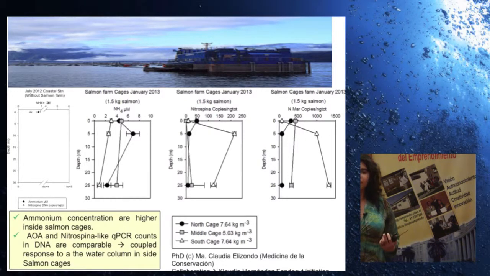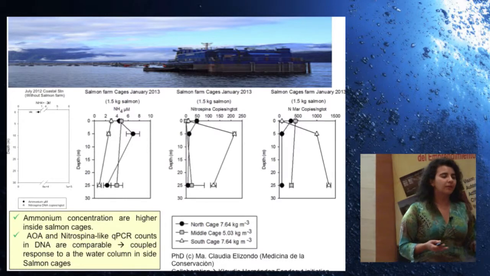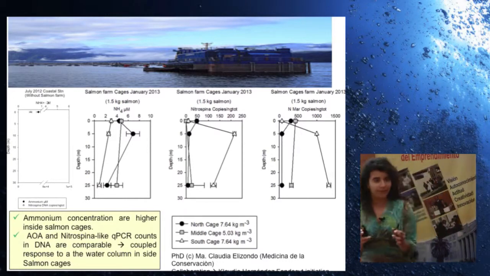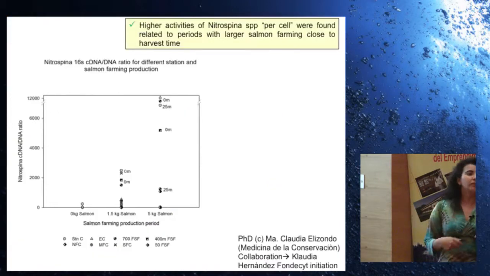So we decided to evaluate not only the DNA, which is really just the potential, but to look at a ratio between the activity found in RNA and DNA. So it's a per cell activity of Nitrospina.